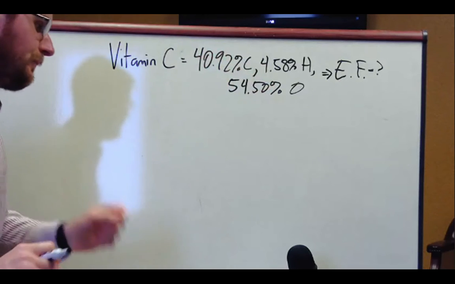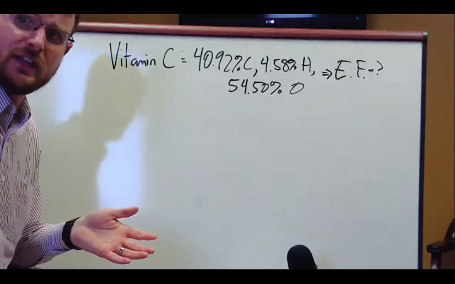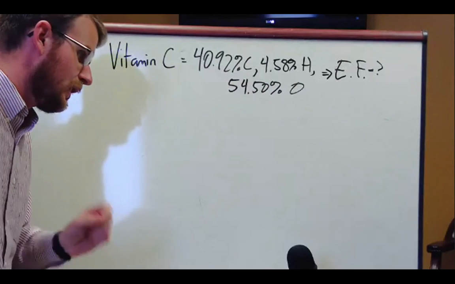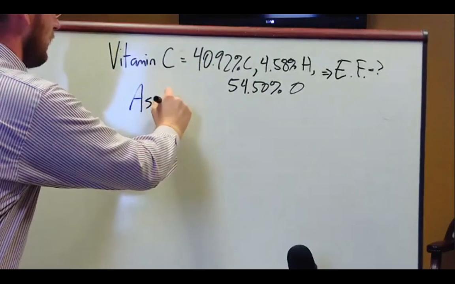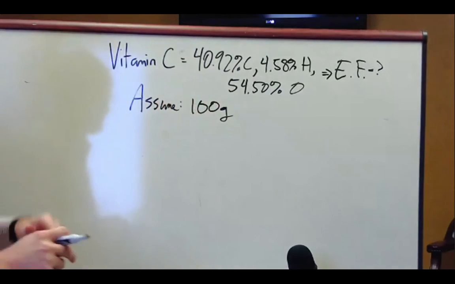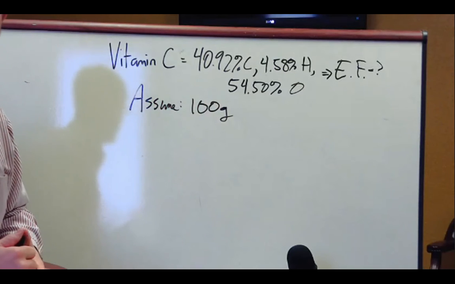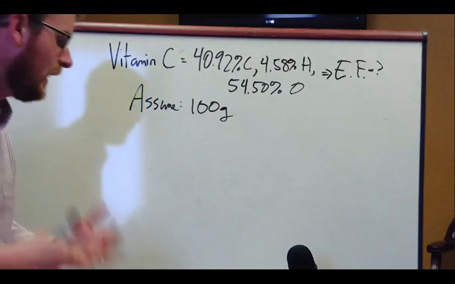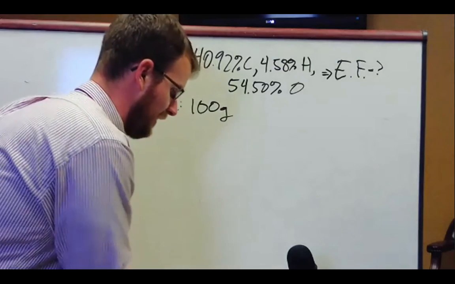If you were asked to find an empirical formula and you're given the percentages without a mass, go ahead and assume 100 grams, right? That's a lot of grams, but if we assume 100 grams, it makes the math a lot easier.